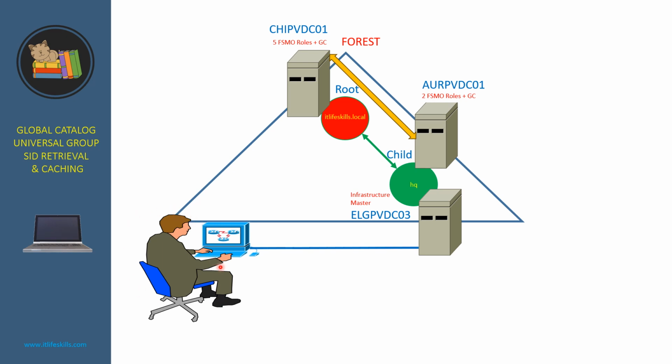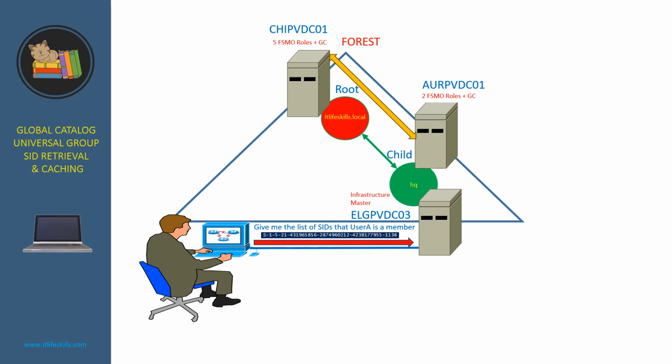When user A logs on with his account from a PC in Elgin site and is authenticated by LHPVDC03, the PC sends the sysid of user A and requests a list of sysids that user A is a member of.